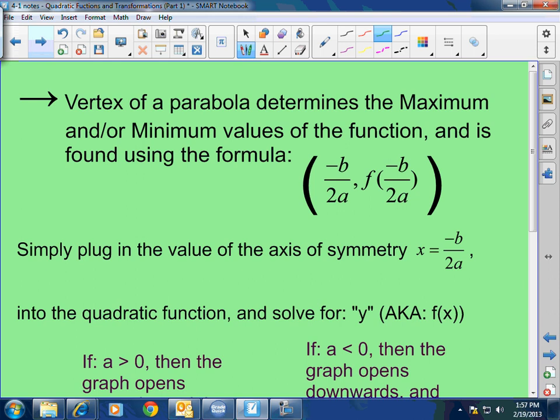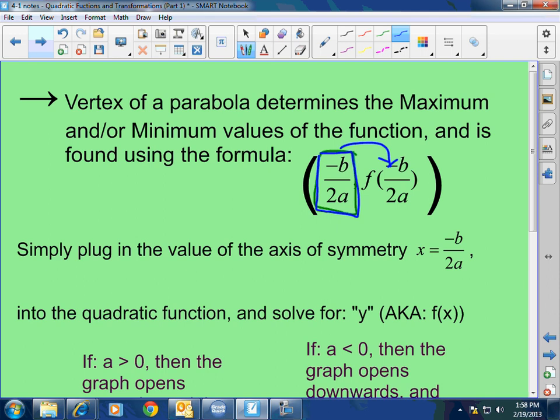Now, I talked about this vertex thing. The vertex of a parabola determines the maximum and or the minimum of the function and is found by using the formula negative b over 2a. That's my axis of symmetry that we just talked about. Remember that that's an x equals equation, so that's the x value. Once I plug that x value into the function, I find my y value.